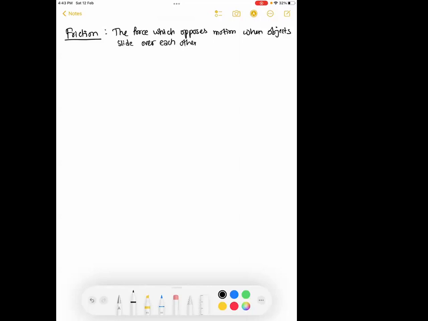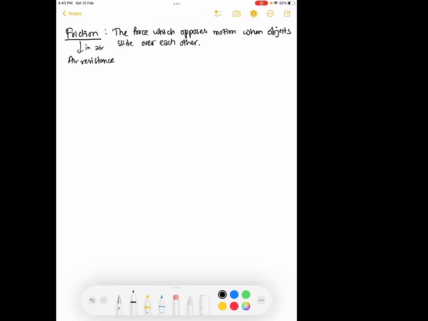I would say it's a wrong definition, to be honest. It doesn't have to be an object. For example, friction in air or any sort of fluid. Friction in the air is basically air resistance. So friction is basically a force that tries to oppose the motion of an object.